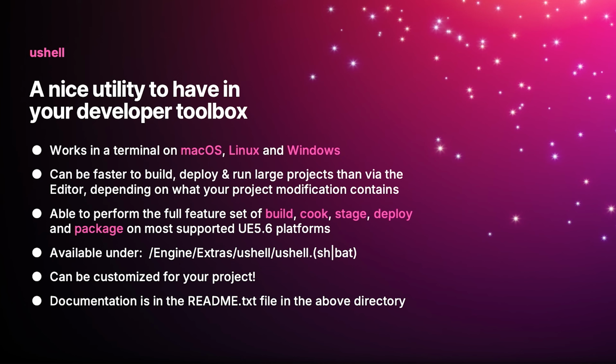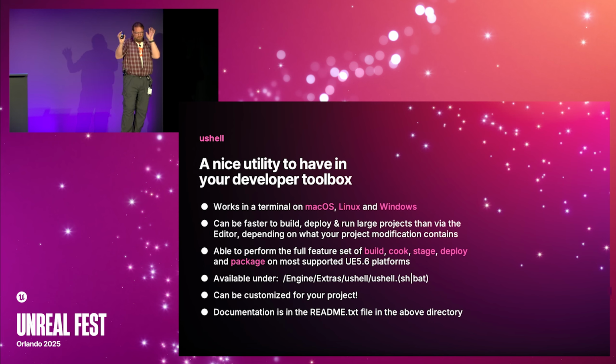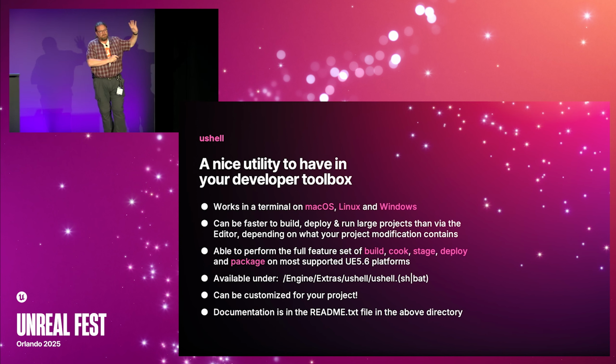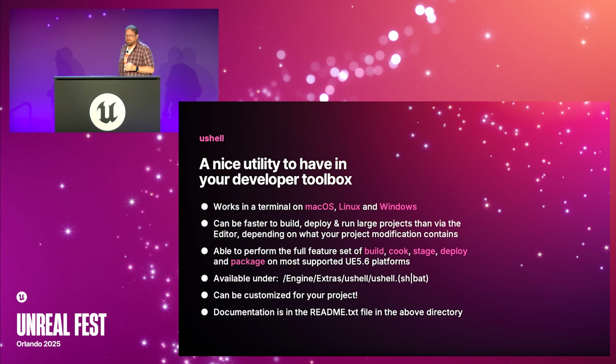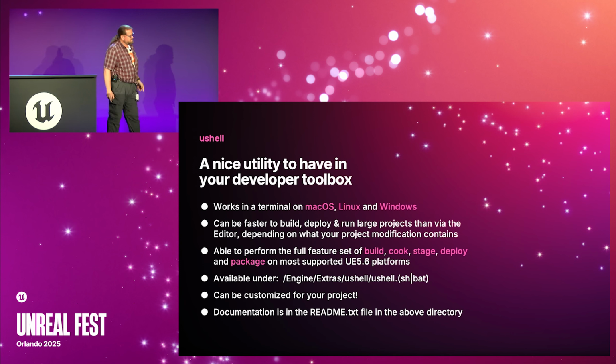It can be customized for your project. We have tons of extensions internally that do things like you type in one command and it starts up a server, a matchmaking service, a client, it starts them all up, runs everything. So it's a lot easier to do everything. It's just Python, so if you like Python, that's what it's used in. And there's lots of documentation in the README file in the directory I listed above.